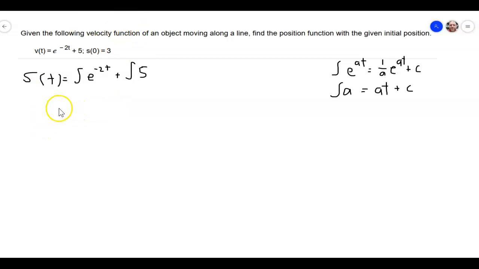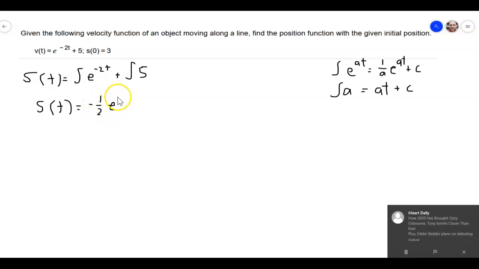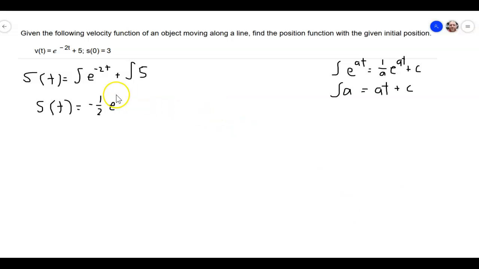All right, so using what we know, if our a there is negative 2, this is just going to be negative 1/2 e to the negative 2t, plus our constant of integration.